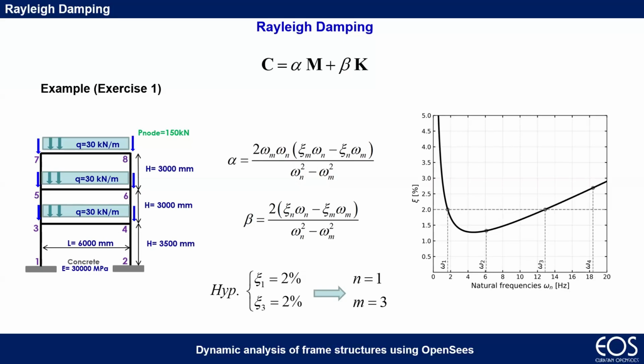You see, it's really high at low frequency, really high at high frequency, and then you have this convex shape. So you don't have negative damping, you don't have strange stuff that sometimes with some exotic damping models you can find some strange behavior. Here, you don't have problem with that.